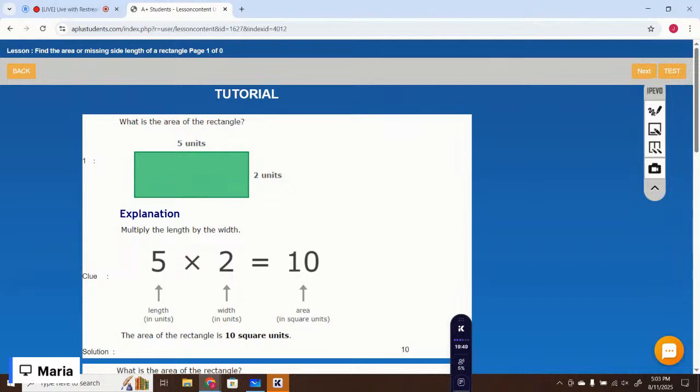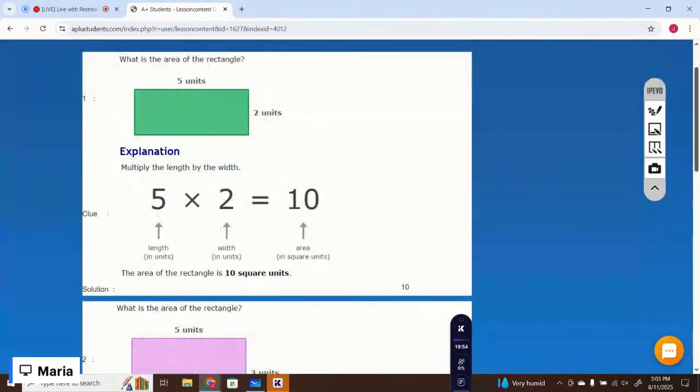What is the area of the rectangle? So we are given the length and the width of the rectangle. So the area of the rectangle would be length times width, right? So you have to do 5 times 2. So 5 times 2 is 10.